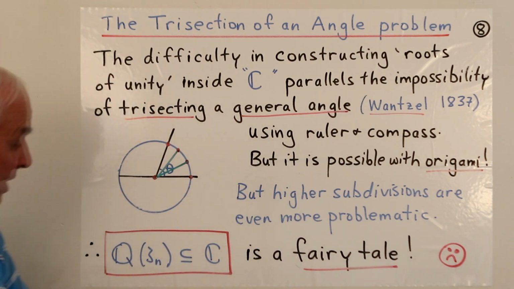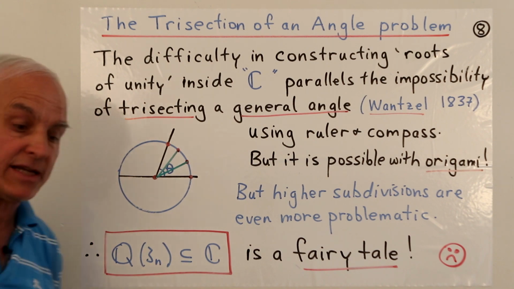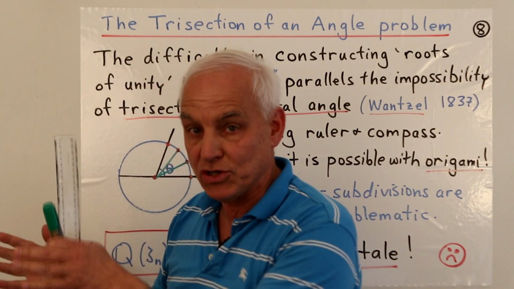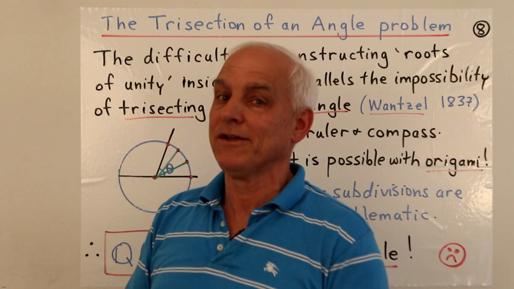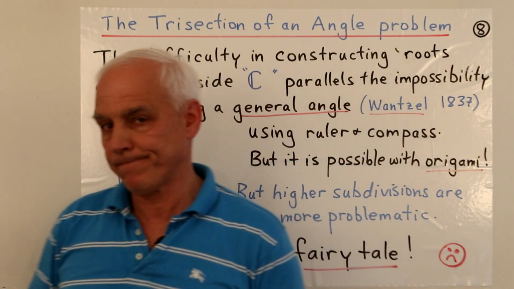Now, that's not to say that you can't create these things. You can certainly create these things, but you have to look in a different direction. You have to look in the pure algebra direction, and I'm going to be showing you how to do that in our next famous math problem.